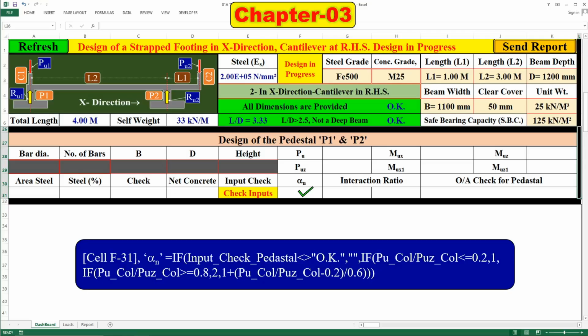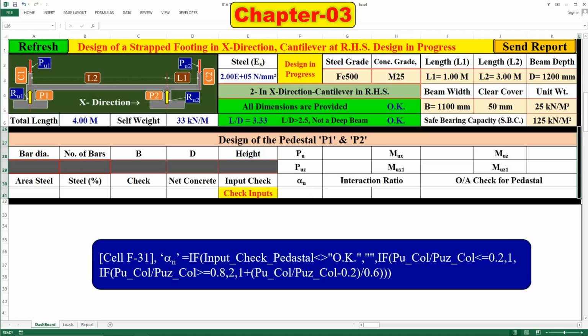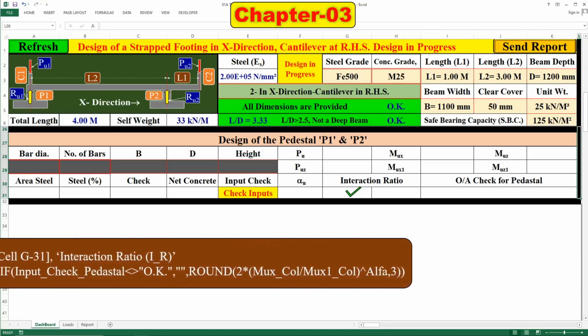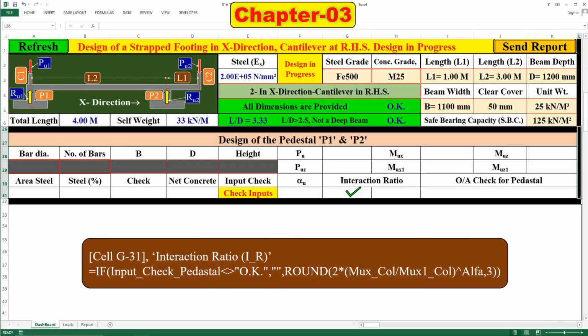Now it is time for the interaction ratio and its check. Presently we are seeing the formula for the interaction ratio. We have to type this formula in cell G31. The defined name of the cell is I_R, or interaction ratio.